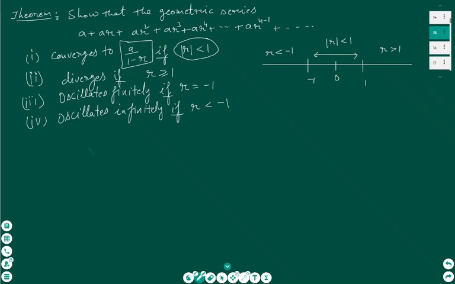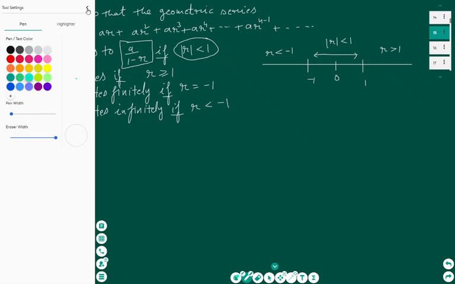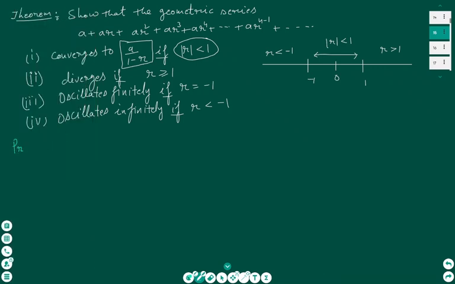So here we do the proof. So the proof of this exercise goes like this. Let Sn be the sum of first n terms of this series, and we know that the sum of first n terms is a into 1 minus r raised to the power n over 1 minus r, all right, provided r is not equal to 1.